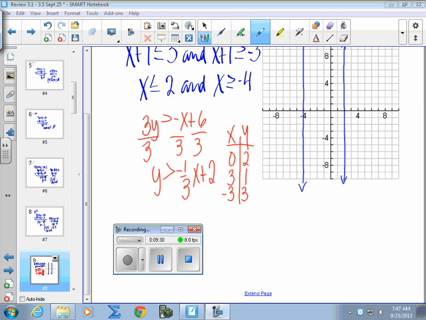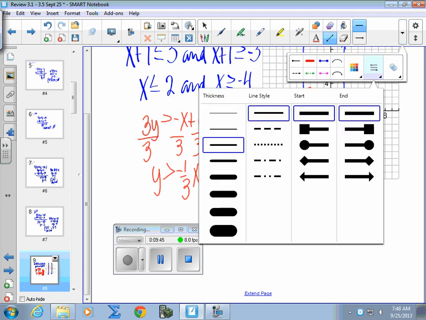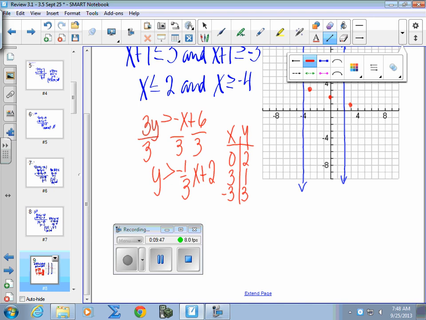So we have 0 and 2. We have 3 and 1. And we have negative 3 and 3. Is the line dotted or solid? It is a dotted line. So we want a dotted line on these points.